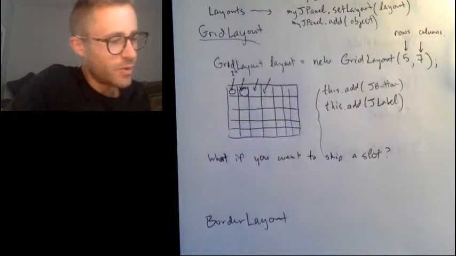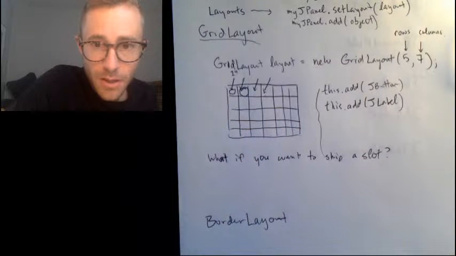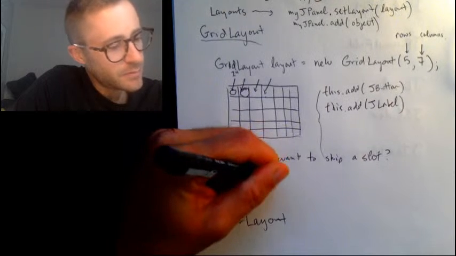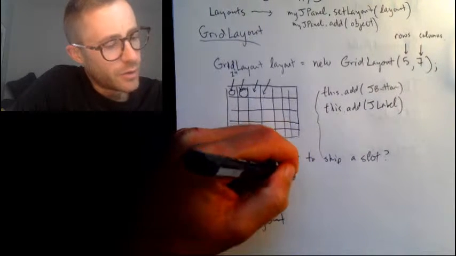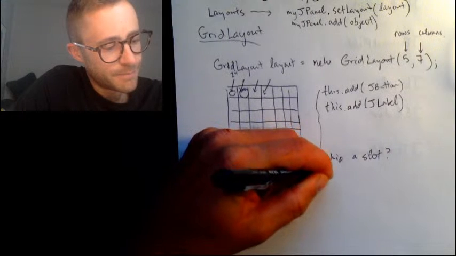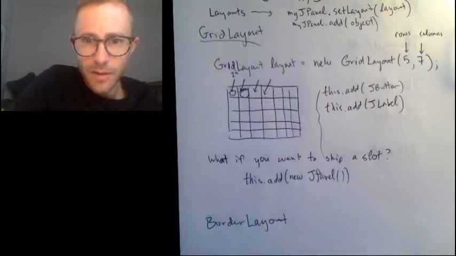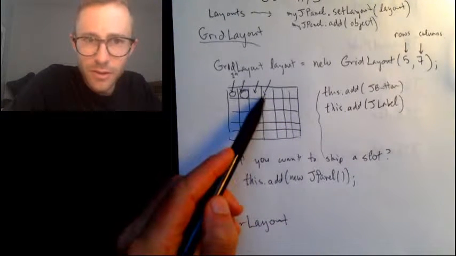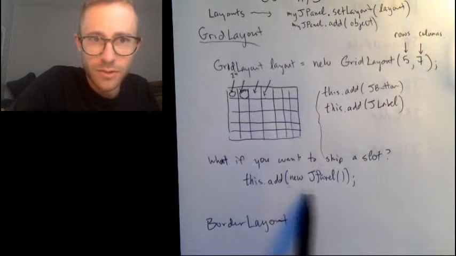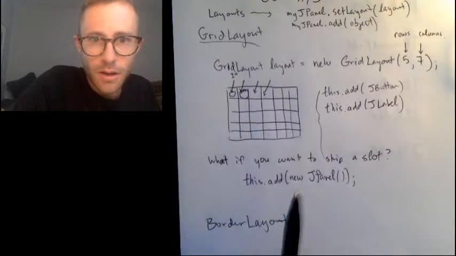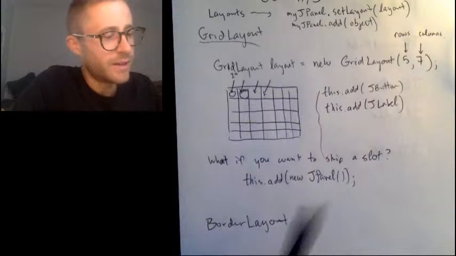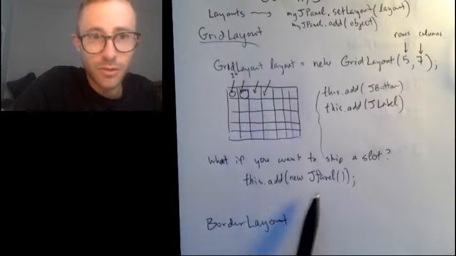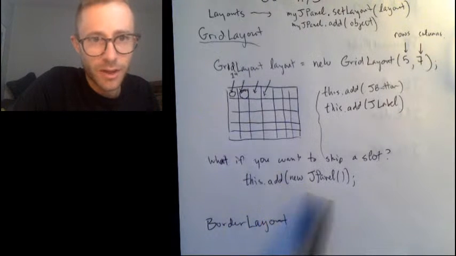Then when it's time to add to that slot, what you would do is you would say this.add just a new JPanel that has nothing. You have to add something to this slot, but you just add something that's blank. You can't skip this one. There's no way to just say this.add nothing. You have to add something to it. It's just you add a blank thing.